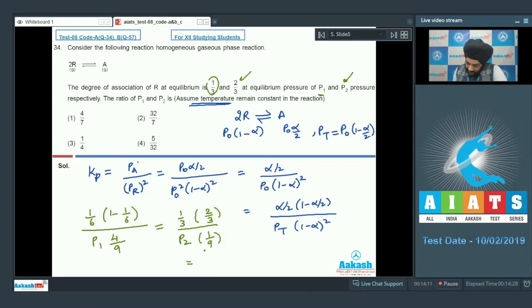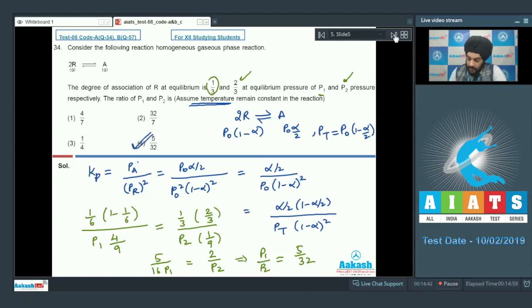So the RHS will give us a value of 2 by P2. And if you look at the LHS, it is going to give us a value of 5 by 16 P1. So if we solve for the ratio P1 by P2, we're going to have a value of 5 by 32, which is given correctly in the fourth option. Students, for this question, we have to mark option 4 as the correct answer.